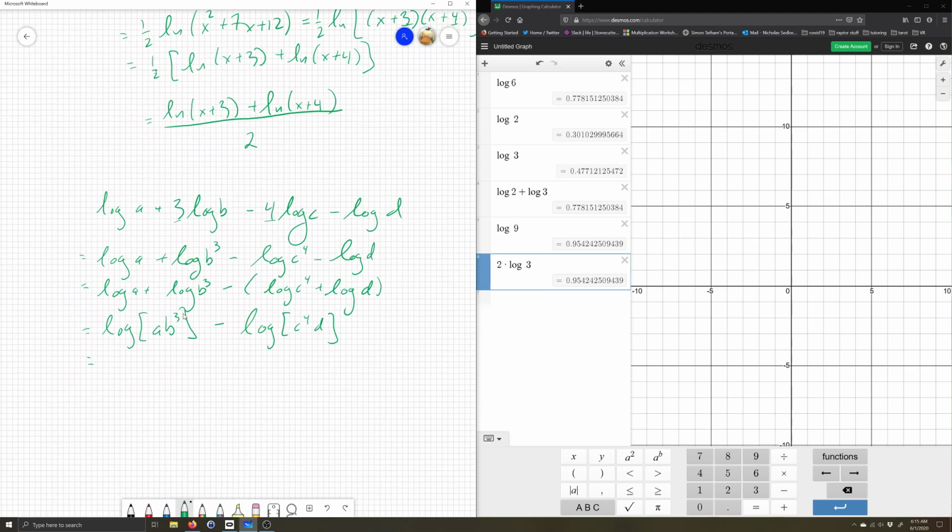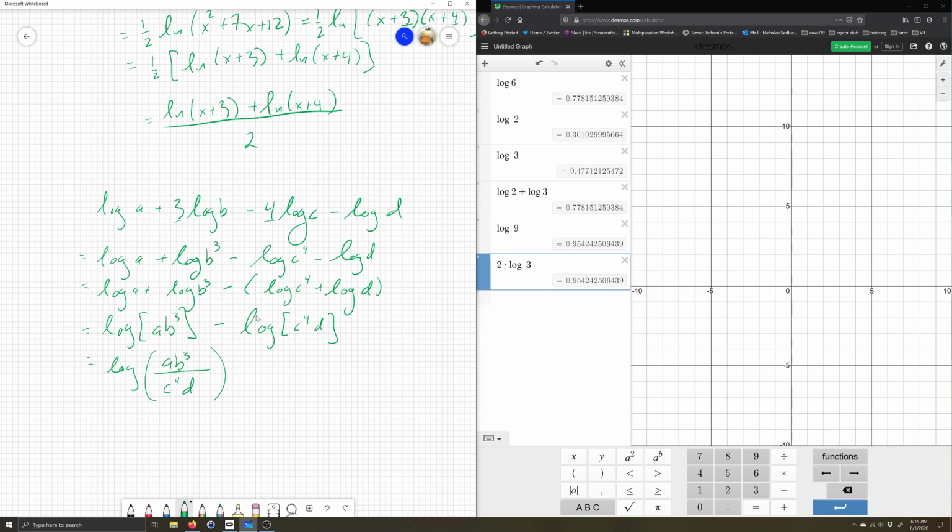And then lastly, I'm now subtracting two logarithms, so I can make a fraction where the numerator is the first thing and the denominator is the inside of the thing I'm subtracting. And so then I'll just put parentheses around this for clarity.